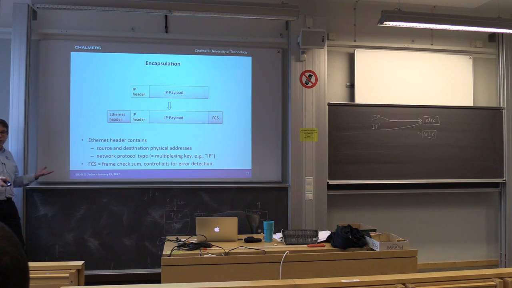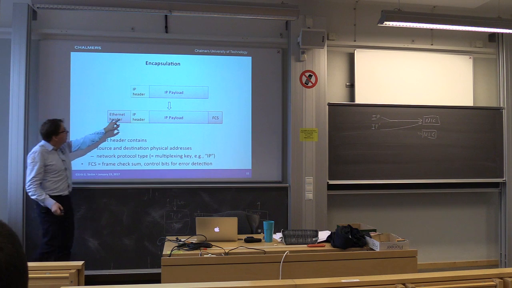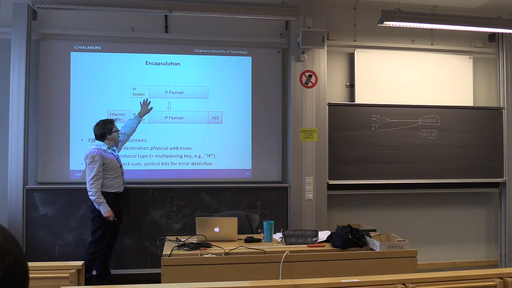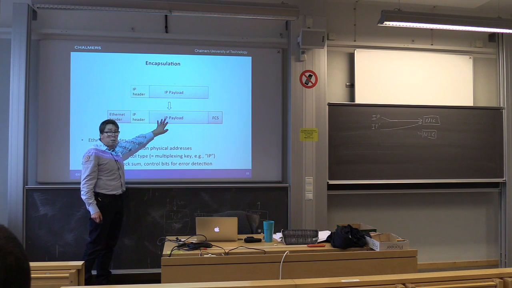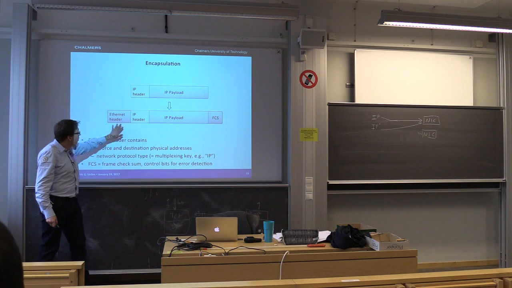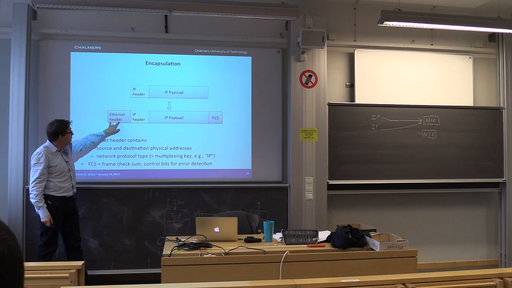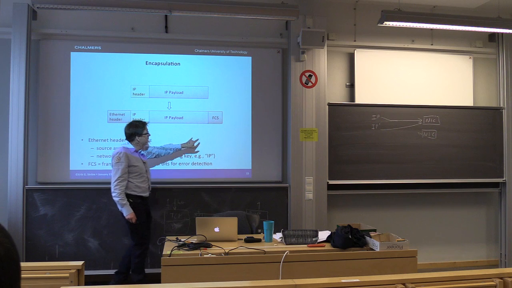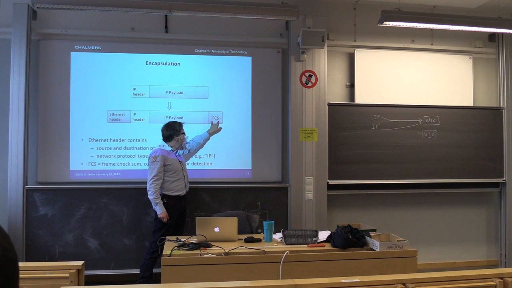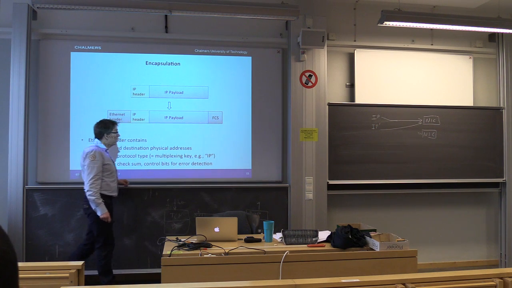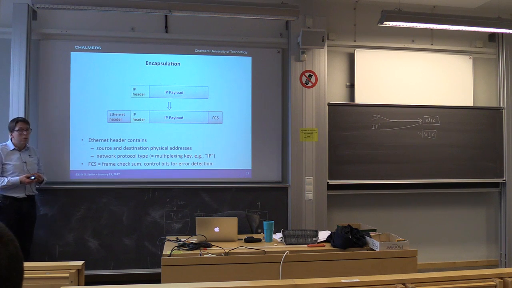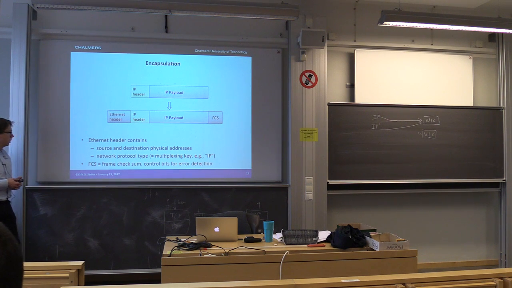So if we have Ethernet, for instance, below us, I, the IP layer, push my IP packet down to the layer below it, and the layer below it puts on its headers. In this case, an Ethernet header, and then there is an Ethernet trailer also, which is known as an FCS, which stands for Frame Check Sequence, I think. Checksum, sorry.